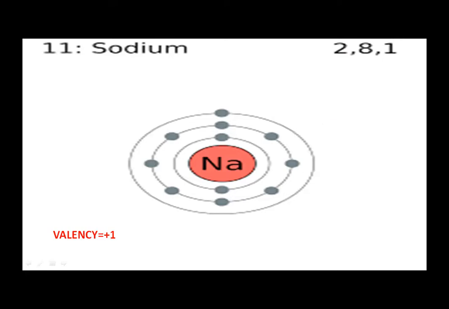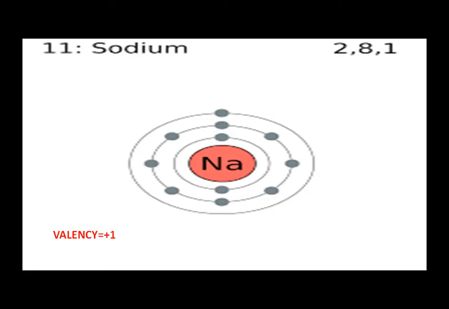So sodium follows the octet rule and donates its 1 electron and has a positive charge. Those substances or elements which donate 1 electron, 2 or 3 electrons have a positive charge.